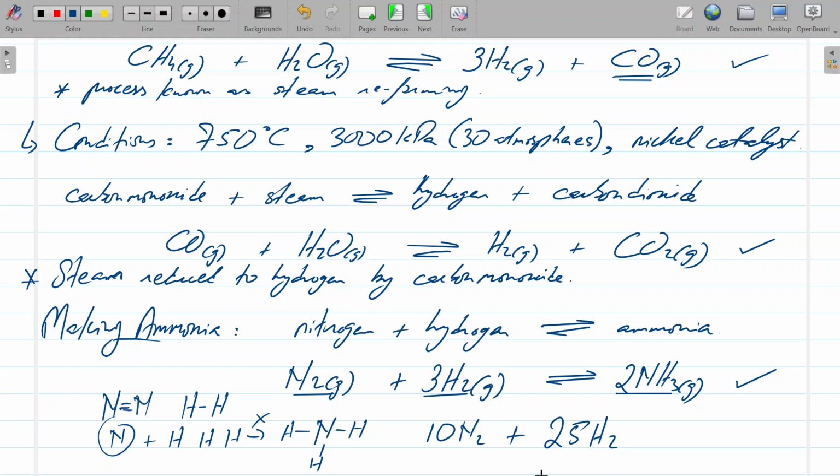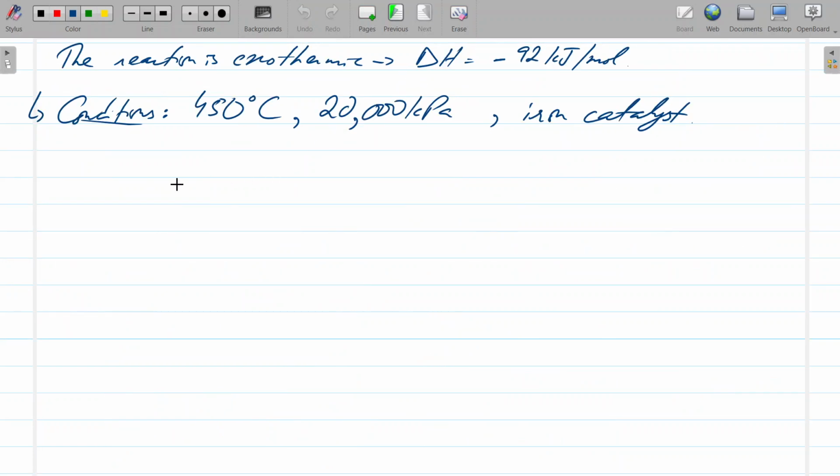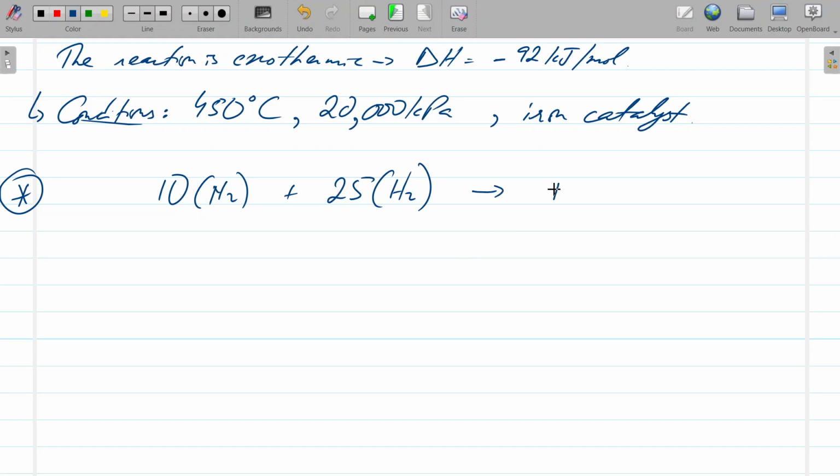Okay, let's go to the next page for this. Let me rewrite that. Big asterisk over here: you have 10 molecules of nitrogen and you have 25 molecules of hydrogen. They won't all react because what you want is NH3.